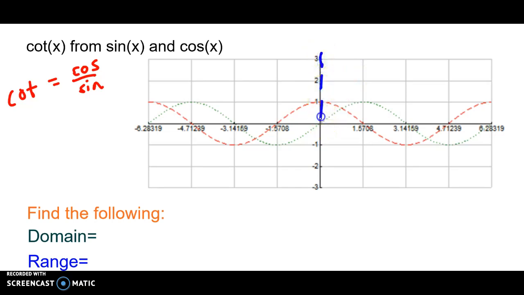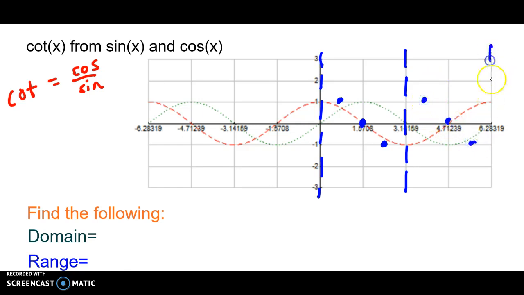So I'm going to put my asymptote here. Here I have the same number divided by itself, so that would be 1. Here I have 0 divided by 1, which is 0. I have a positive and negative value divided by itself, so that's going to be negative 1. And here is undefined again. So I think you guys can kind of catch on to what's happening here.